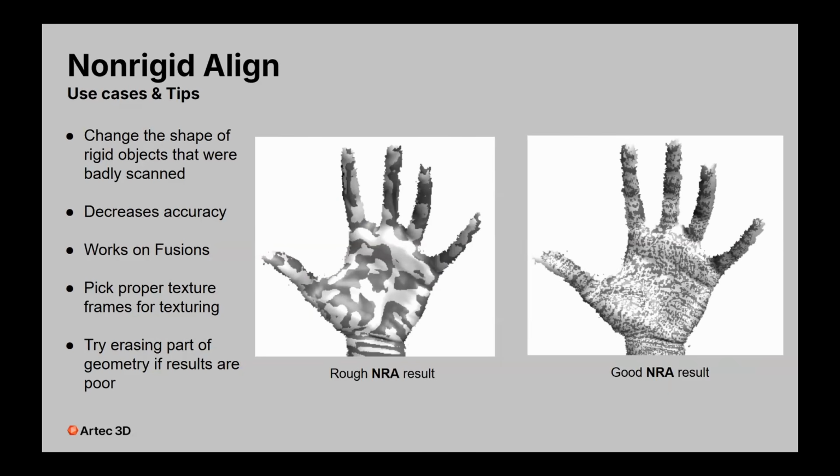So let's talk about the use cases first. Sometimes when you're scanning your object, it may not be possible to make a perfect scan of your subject, especially if it's moving throughout a scan. It can be quite tricky.